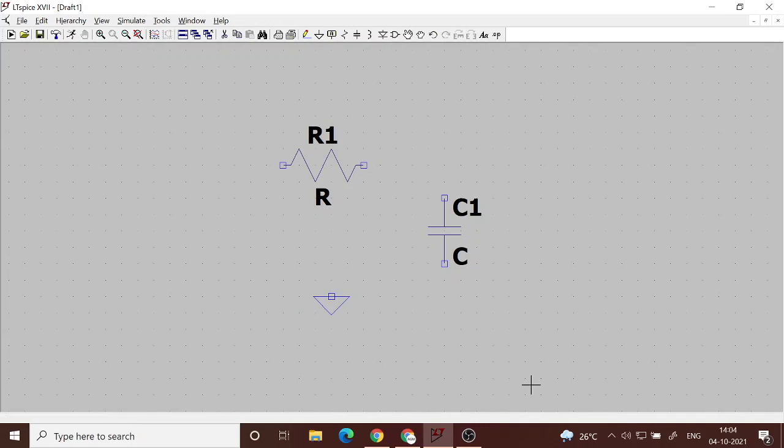So we are not applying any voltage source, and then we connect this circuit. Okay, so there is no voltage source here, and we give a reference because the software requires some kind of reference.